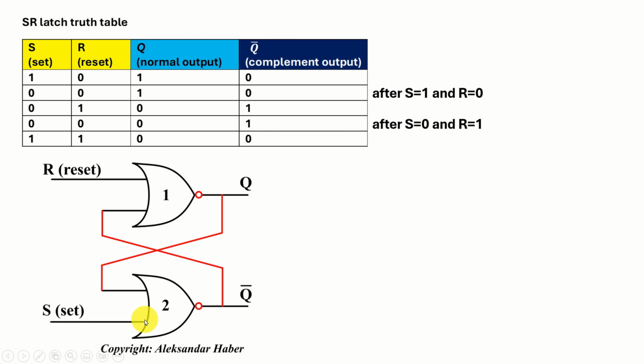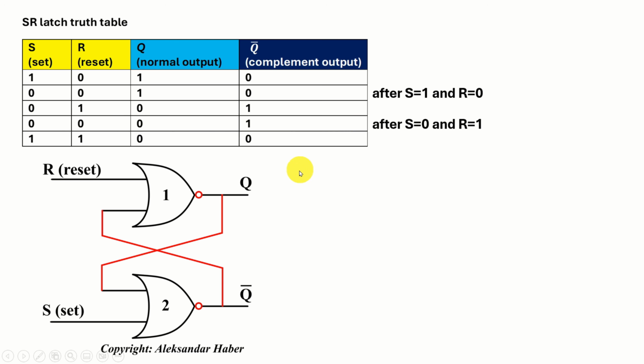So we have 0 over here and 0 over here. This produces 1 at this port over here. That is, the complement output stays 1. Then over here 1 goes to this input and reset is 0. So we have 1 and 0, and then we have as the output 0. And as the result we have this row over here.